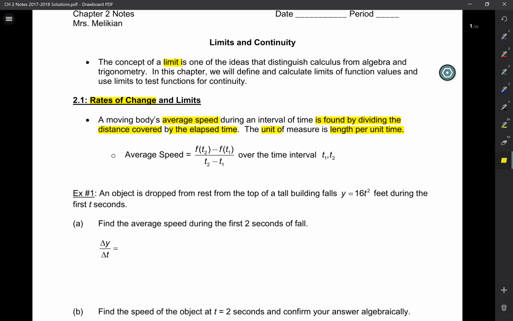So average speed is the distance covered, and we say that it's f of t2 minus f of t1. And what does that mean? f of t2 is where you were at your final time, t2. So this is your end position. At t1, the beginning, you were at f of t1. That's your starting position.